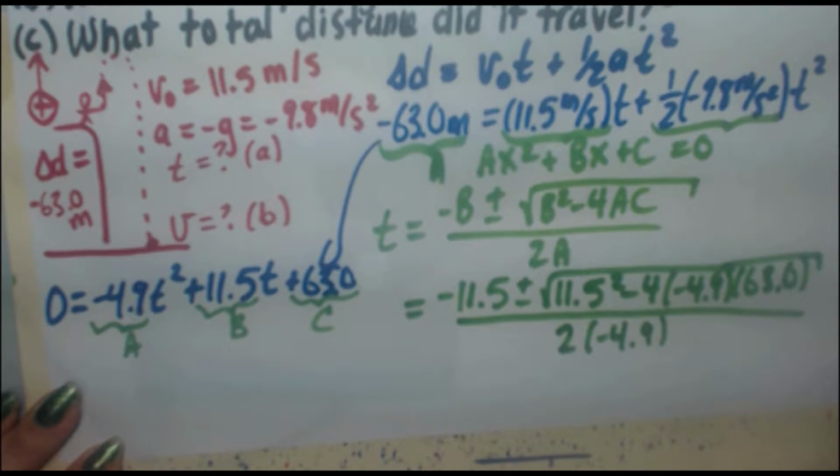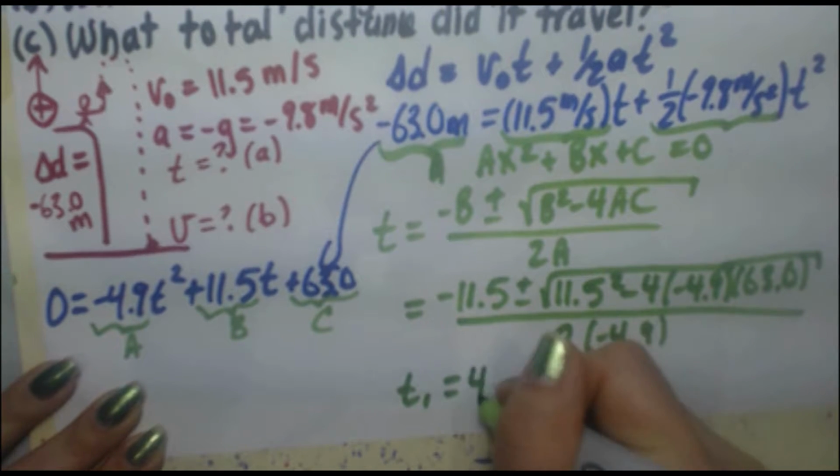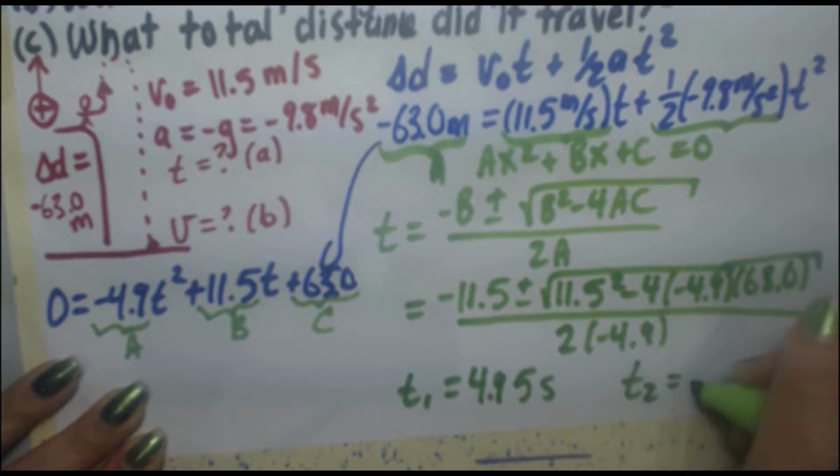So you get two answers, two roots, as with any quadratic formula. t1 equals 4.95 seconds. t2 equals negative 2.599 seconds.